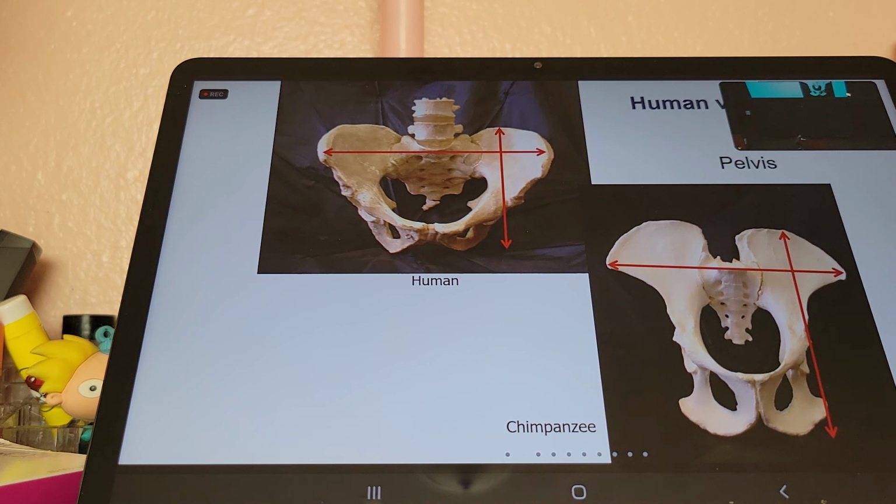And they are attaching on the top of the ilium and then running down and inserting on the proximal femur. If you have a long ilium or a tall os coxa or hip bone, then those muscles are going to be really long. And they have to contract to hold the trunk upright.